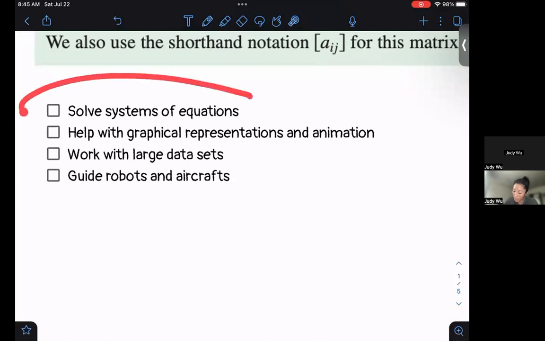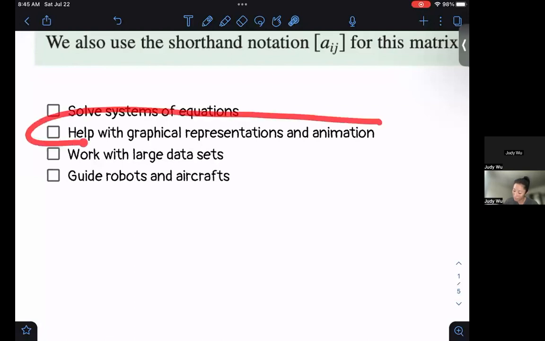In particular, we use matrices a lot to solve systems of equations, and we use that in a lot of higher math when we are looking at systems that maybe have 10, 11, 12, 100, 200, a very large number of variables. If you're wondering how you would ever use this in a career, it turns out that in graphics and animation, we use systems of equations to help maneuver all of that.